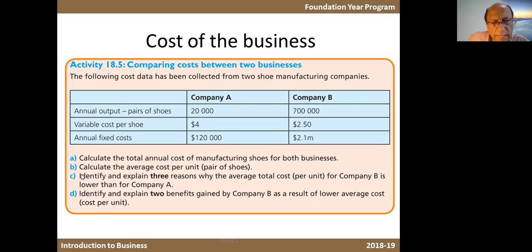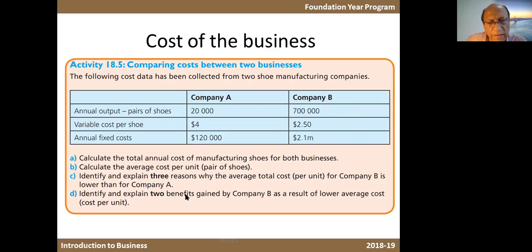Then identify and explain 3 reasons why the average cost per unit of company B is lower than company A. It is because of economies of scale: it is a big company, it buys in large quantity so it gets a higher discount, and maybe it uses technology and fewer employees, so it has a lower cost.